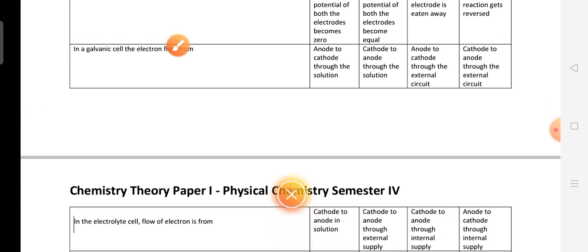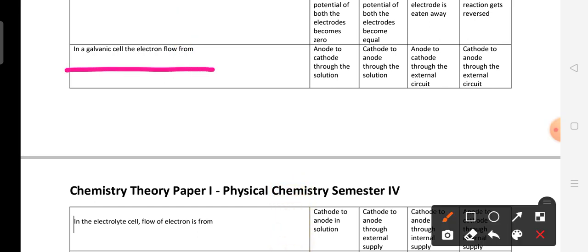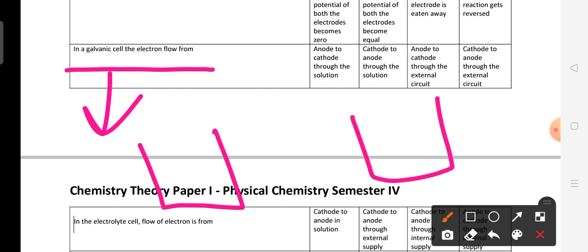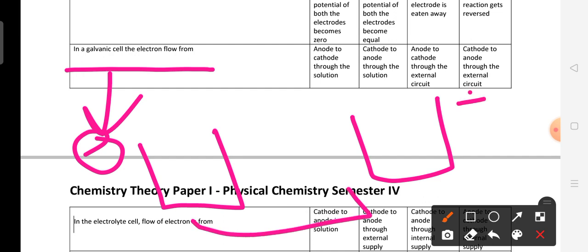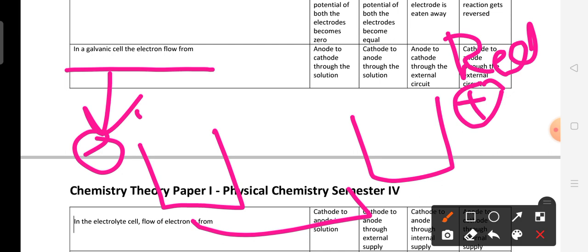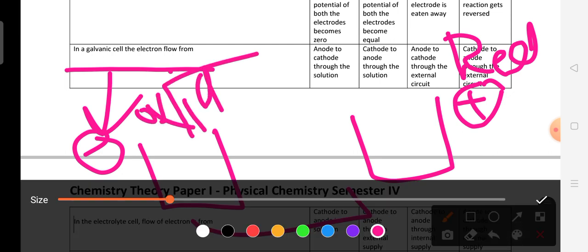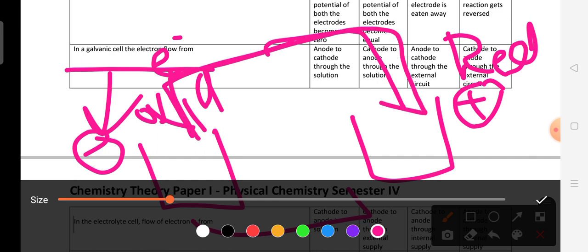Then in a galvanic cell, the electrons flow from... We know that this is an example of an electrochemical cell. Here is the anode at the left hand side, and here is the cathode at the positive side. Here oxidation takes place at the anode and reduction takes place at the cathode, and electrons flow from the left hand side to the right hand side.